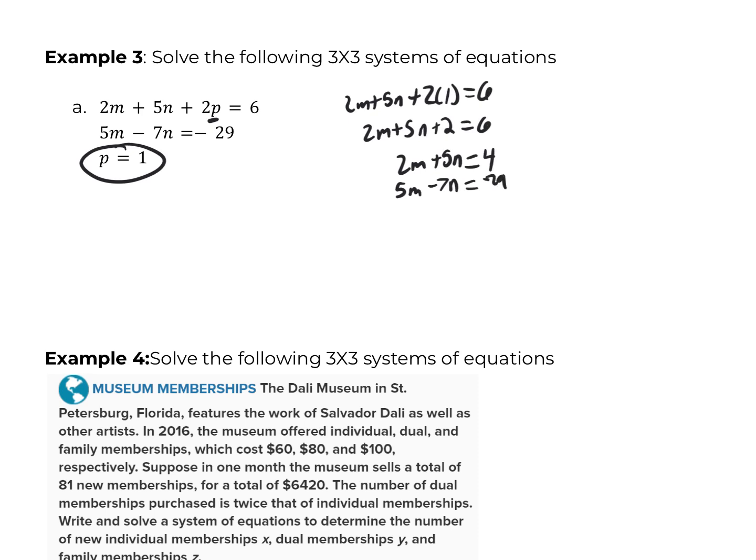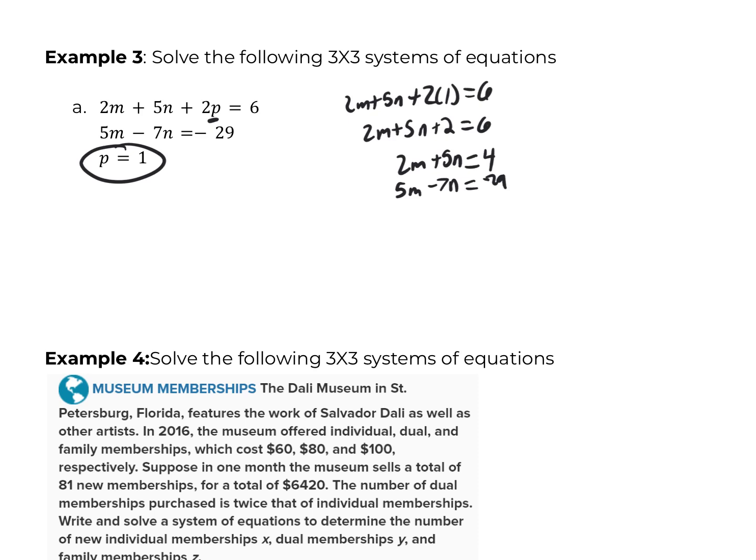So let's look at this. Let's see if we can create an opposite pair to eliminate. Well, if I multiply the top equation by 7 and the bottom equation by 5, I would create an opposite pair of the n's. And the same thing, if I multiply the bottom equation by 2 or negative 2, the top equation by negative 5 or 5, I create an opposite pair of m's. Probably going to be easier for me to do the m's. That way I'm not multiplying that negative 29 by 5.